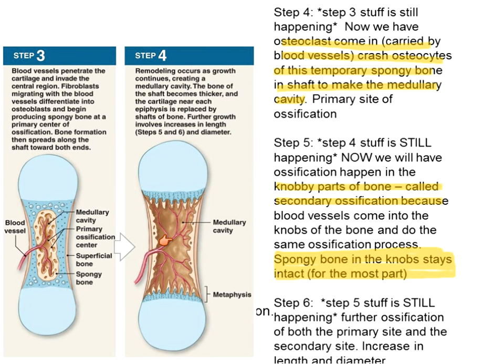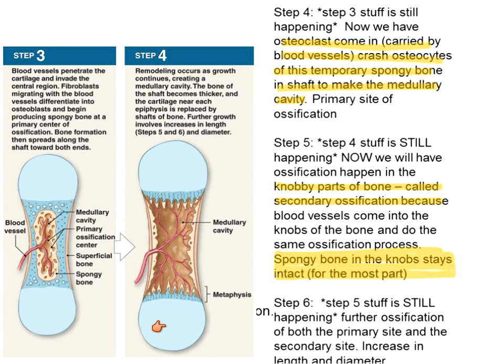The one big difference between ossification in the shaft and in the knobby parts of the bone is that the spongy bone is going to stay intact. So when we had ossification happen in the shaft of the bone, notice that we had those osteoclasts come in, break down that spongy bone, and completely carve out that medullary cavity, because the medullary cavity should be hollow, if you will, except for your blood vessels coming in there and your marrow that fills it up.